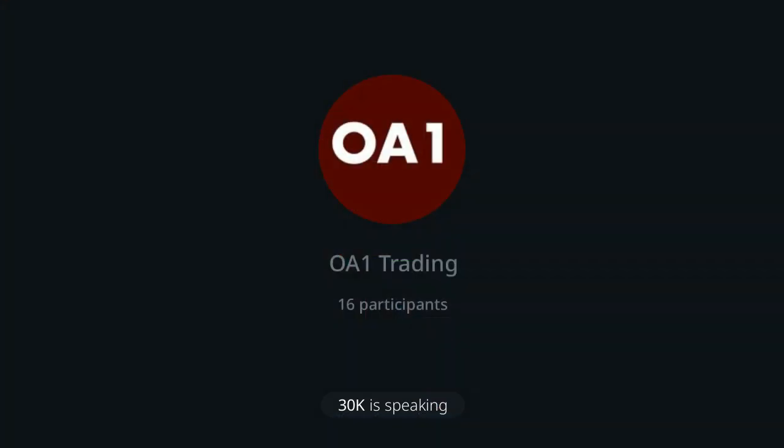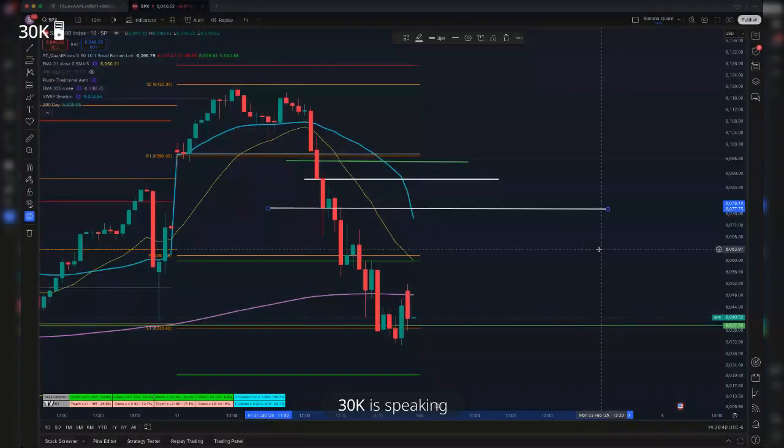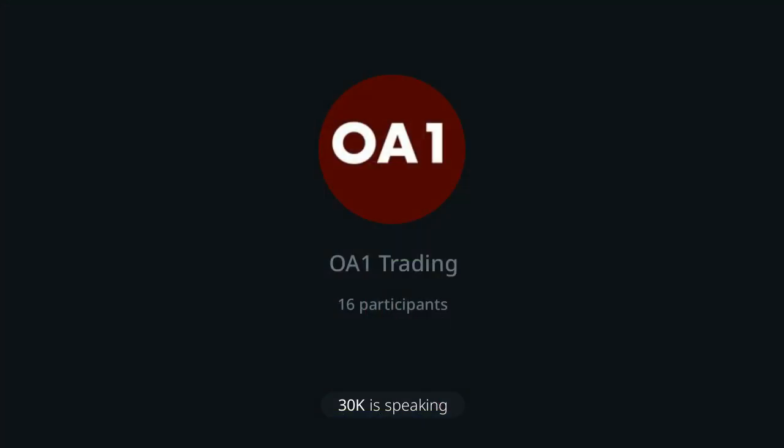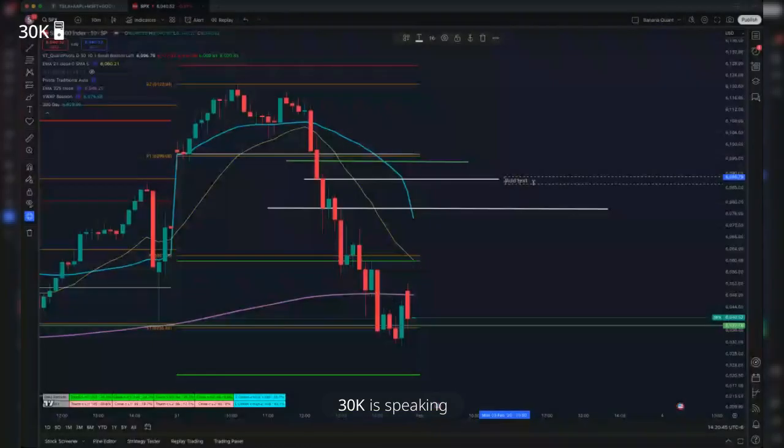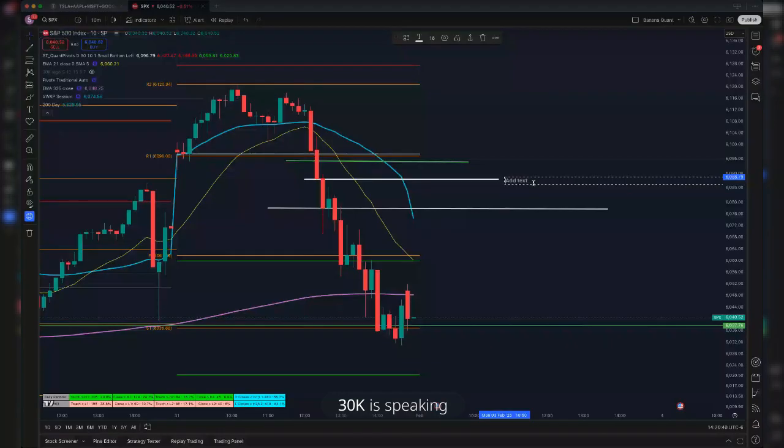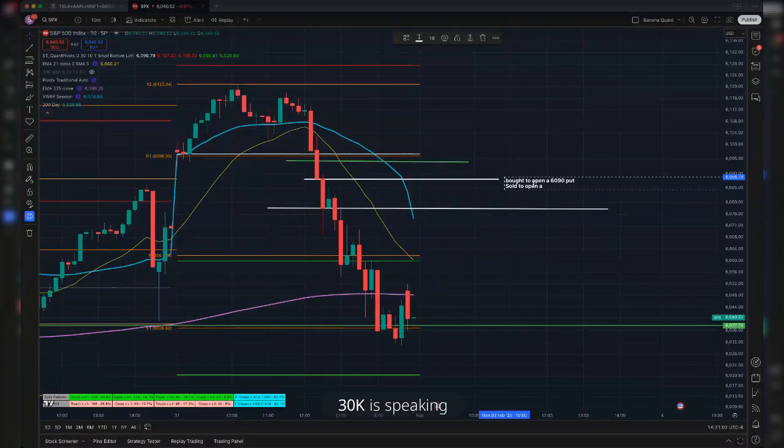But let's say you saw this setup and you wanted to get short. What you could have done, instead of buying inexpensive out-of-the-money options, is you could have bought to open a 6090 put, and then you could have sold to open, let's just say, a 6075 put.